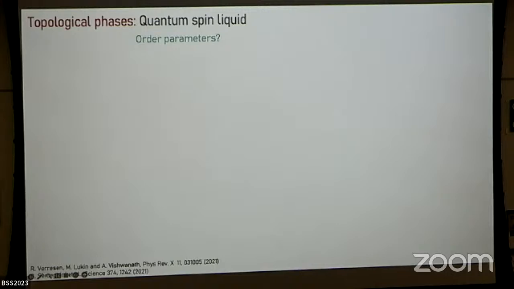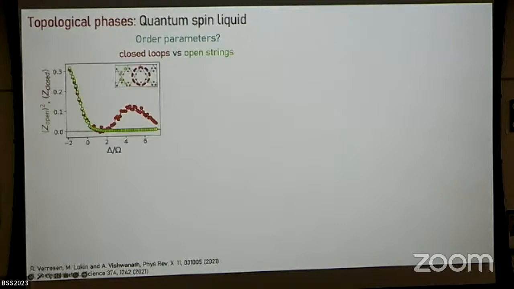A more precise and quantitative way of looking at this is to compare the expectation values for these string order parameters between closed loops and open strings. So for example, if you look at this data here, I'm plotting the expectation value for a closed loop for the Z string. This is the same data that you saw before.